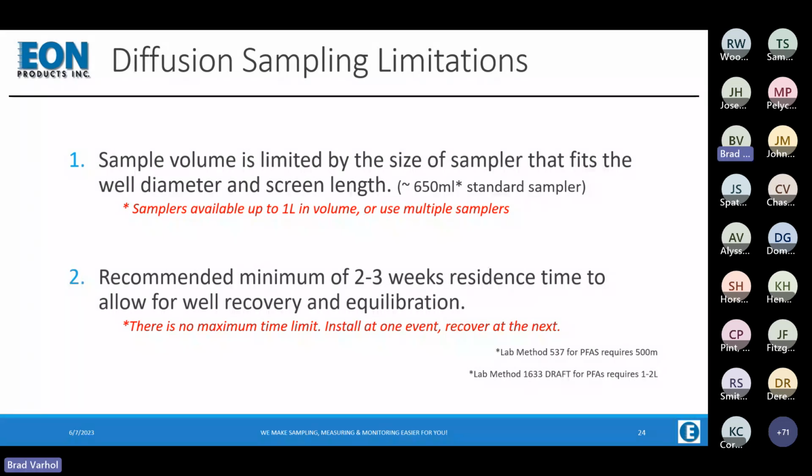So it takes some time, especially in low flow conditions, to recover that well to its natural and ambient flow condition. That's a requirement for passive sampling. And then with a diffusion device, it requires time for the individual compounds to come to equilibrium. So in every case, we're talking about somewhere between 2 and 3 weeks residence time, most of which is for the well restabilization.